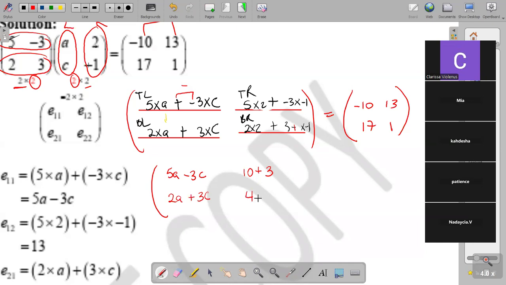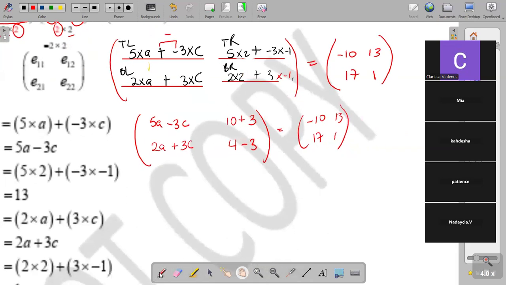Yeah, 4. What was this supposed to be? 3 times negative 1. Yeah, sorry, that was correct. 3 times negative 1. I don't know where that extra thing came from. So that would be plus minus 3. Equal to negative 10, 17, 13, 1.